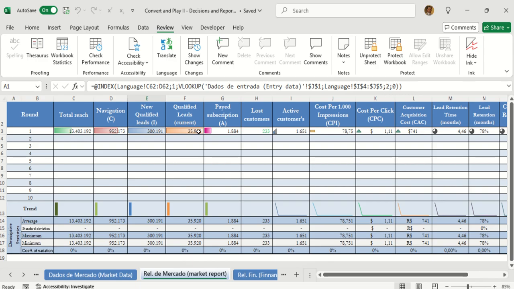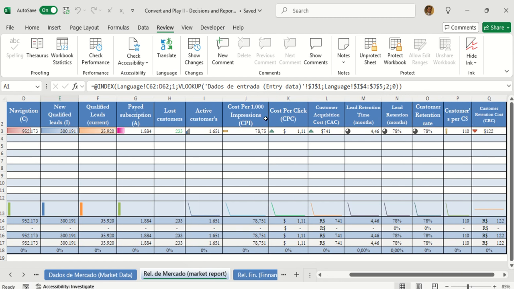And here we have the ones that you actually retained over the period. Here's the final number of customers that paid for a subscription, and here are your losses, so how many customers you lose over the year. So the total number of customers is 1.6 thousand customers in this period here.